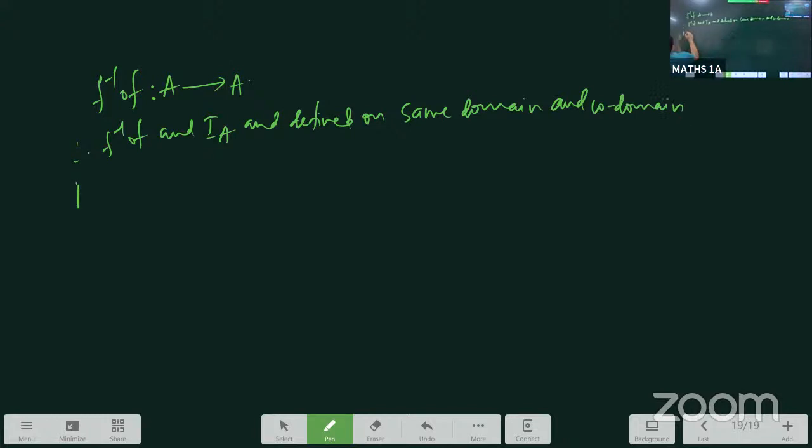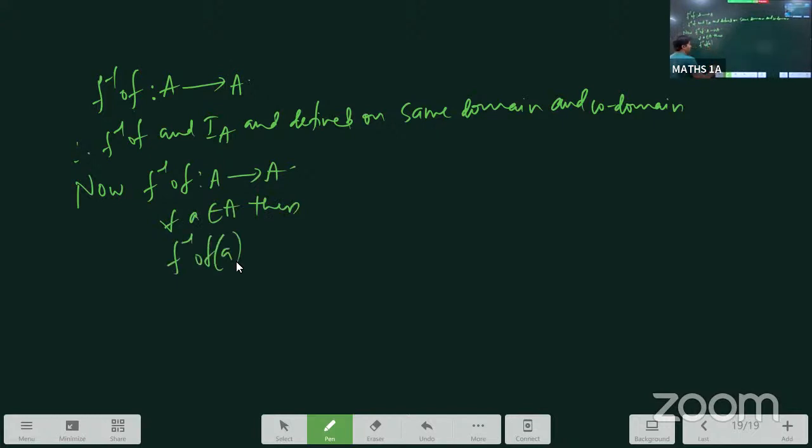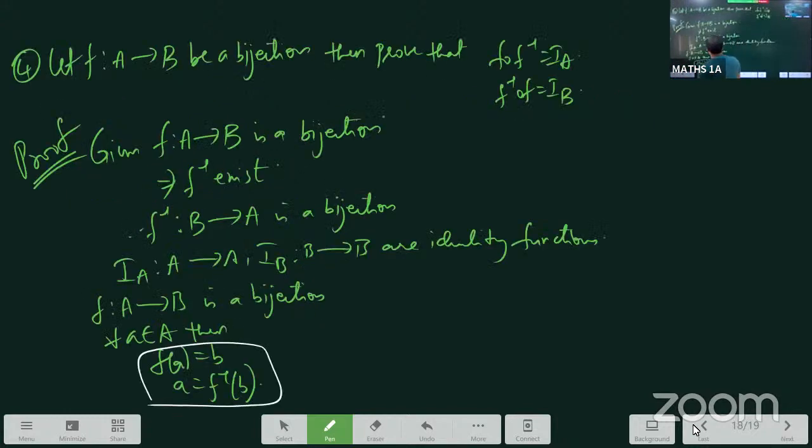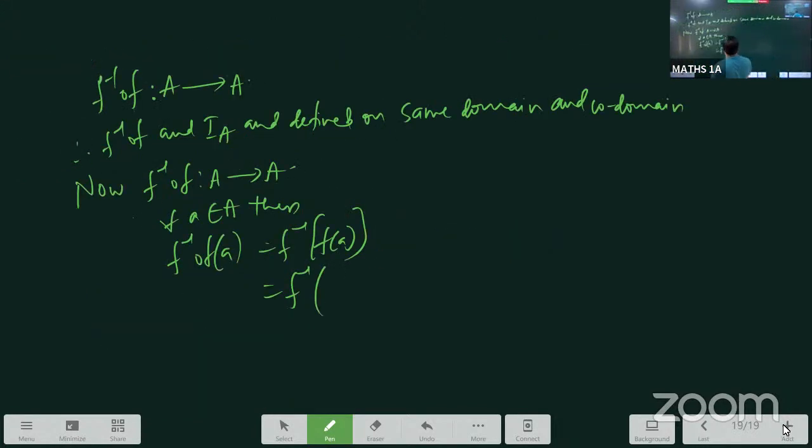Now, I take F inverse circle F as a mapping from A to A. For every a belongs to A, its image under F inverse circle F of a, I write as F inverse of F of a. But what is F of a? Here I already wrote it: F of a is b.